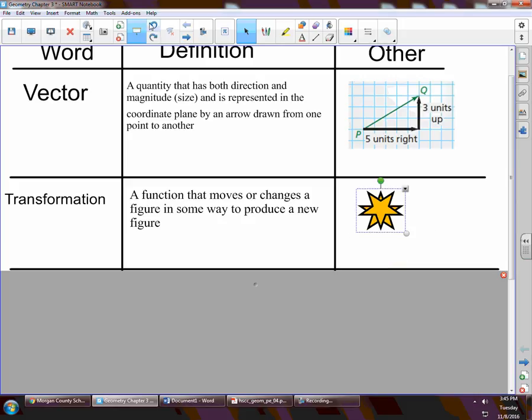We can also do a dilation, where you take the image and make it smaller or larger. That's a dilation. Or we also have a rotation. We can rotate it, turn it however we want, in either direction. We can also rotate it around a point. We'll get into that in more detail later.